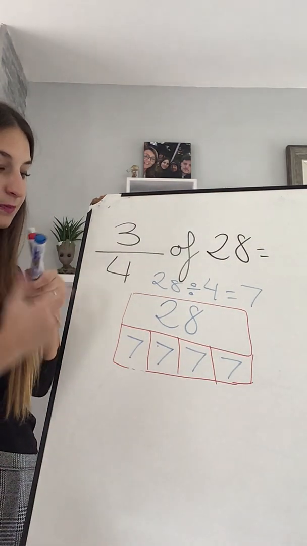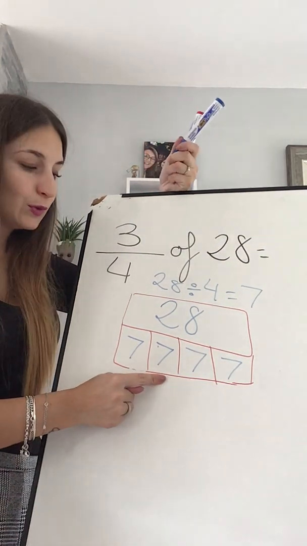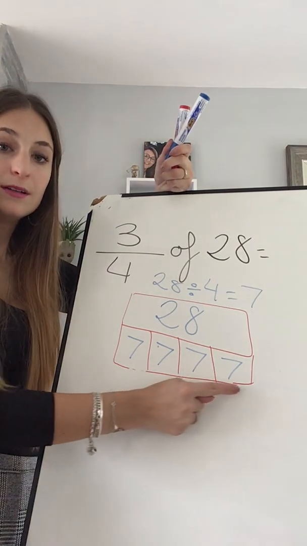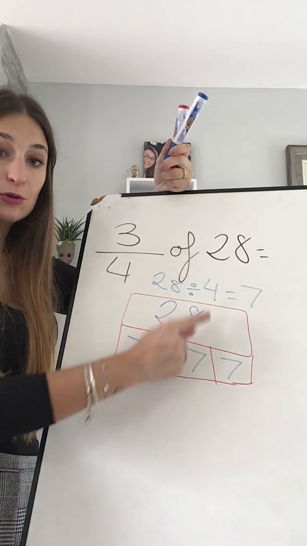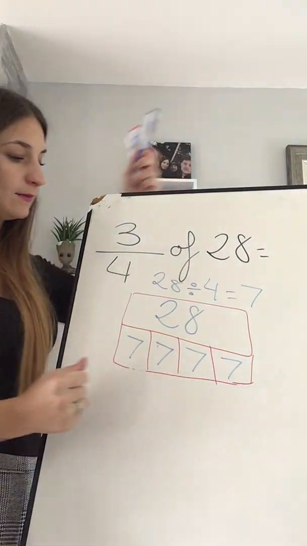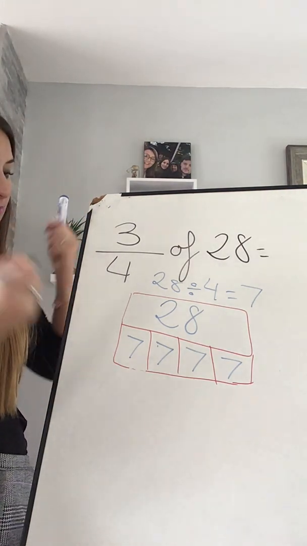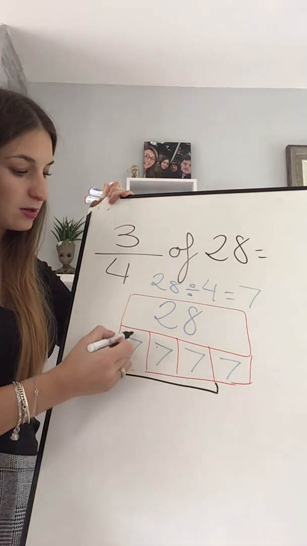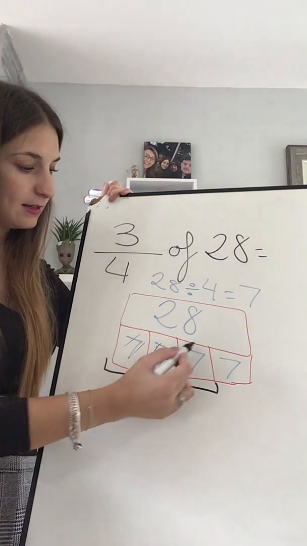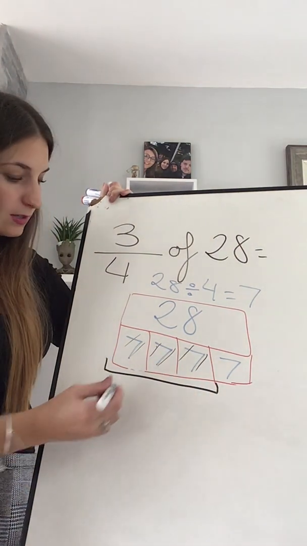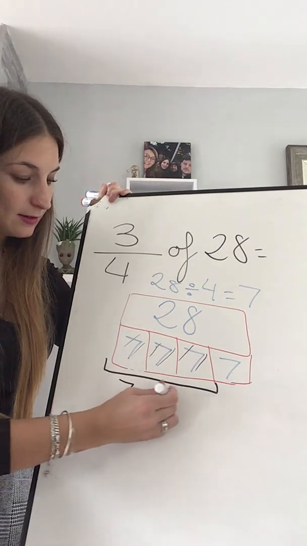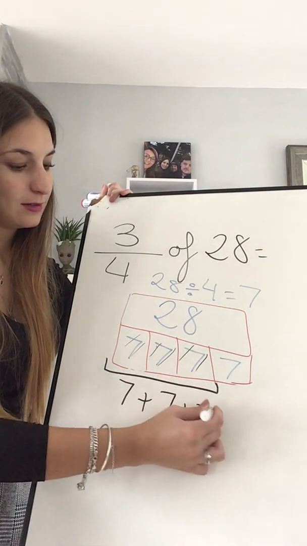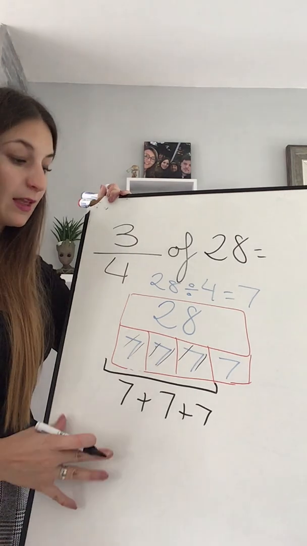Let me check it. 7, 14, 21, 28. In total I have 28. Now you are only taking 3/4, so actually you're only taking these ones. So you're taking 7 and 7 and 7.